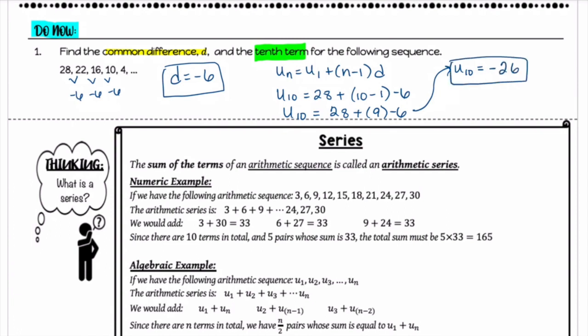Alright, for the common difference, you should have got a decrease of 6. For the 10th term, we have it equal to -26. So let's look at today's thinking.